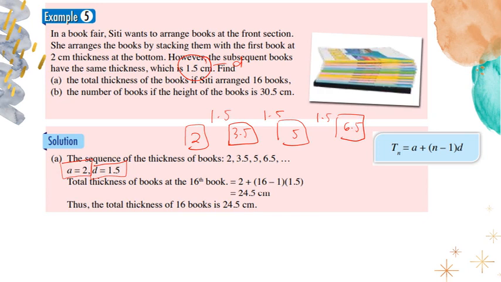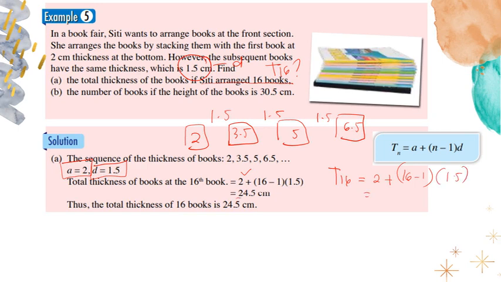So the question asks you to find the total thickness of the book if Siti arranged 16 books, means that T16. So T16 is equal to, put into the formula, you already know the value of the first term, which is 2, plus n minus 1, 16 minus 1, and the common difference is 1.5.